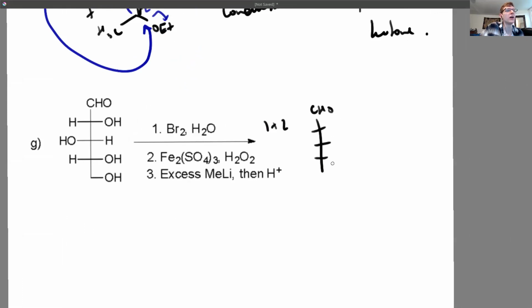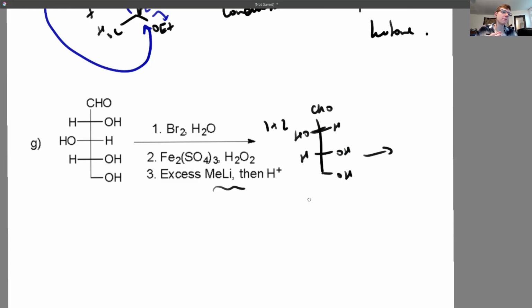So CHO, and then I even drew one too many carbons, I guess. So CHO, and then we just pull off the top one. And OH. So then the extra methyl lithium will methylate all of the alcohols because there's excess. So that would be if it was methyl iodide, I guess, right?